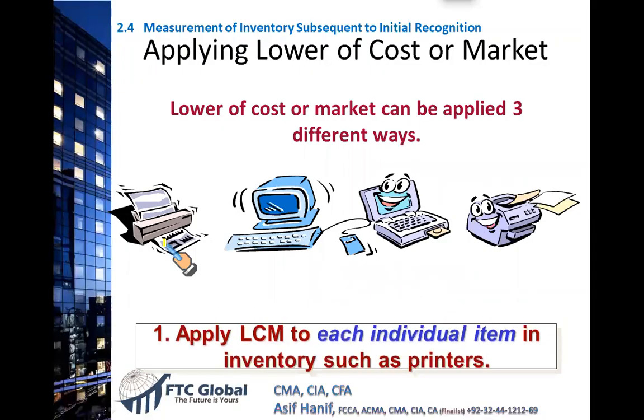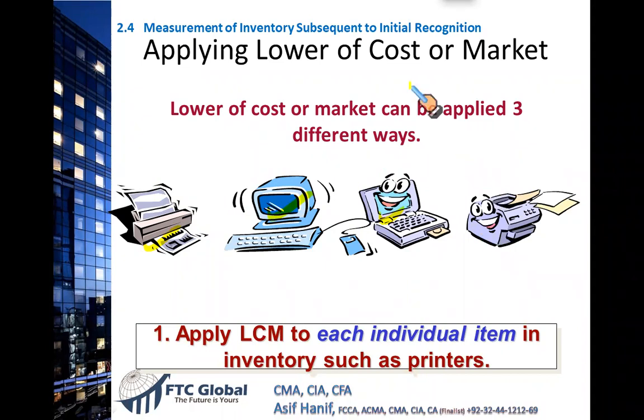Now, how can you apply the NRV or the LCM rule? There are certain important points to be considered before we move on. Either you can apply LCM to each item separately, or, if you are talking about IFRS or US GAAP for FIFO and other methods, NRV, NRV, NRV. You can apply the NRV rules or LCM rules individually on these items. This is allowed.